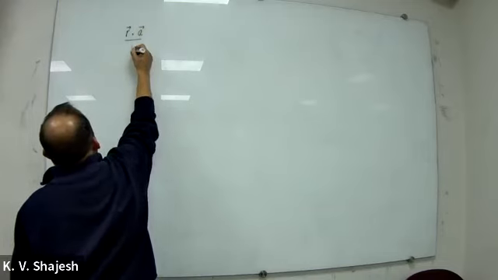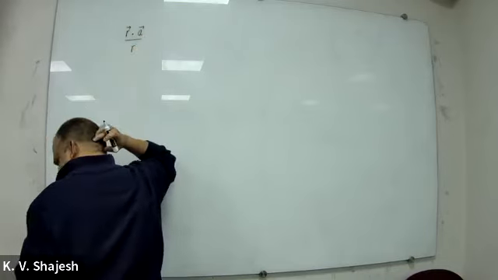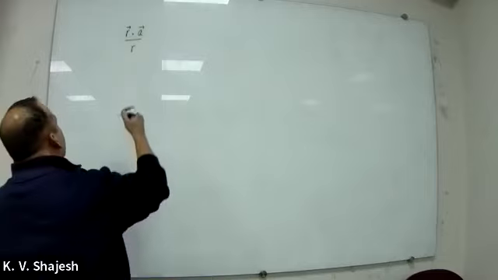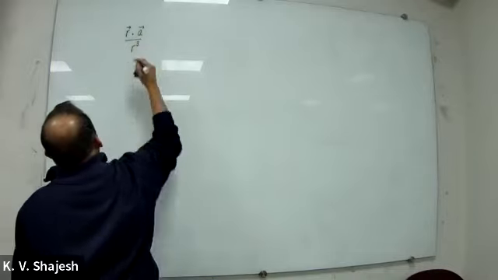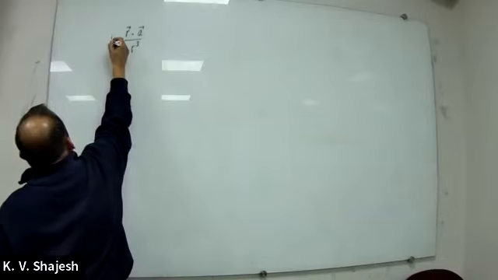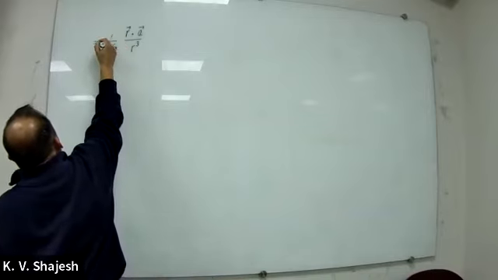So it's 1 over R, so R cube. Dimensionally, what is this? What are the dimensions of this quantity? 1 over R.